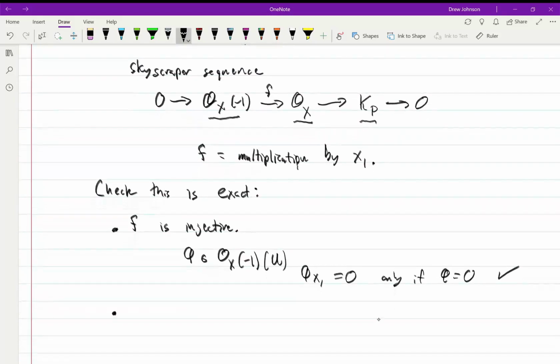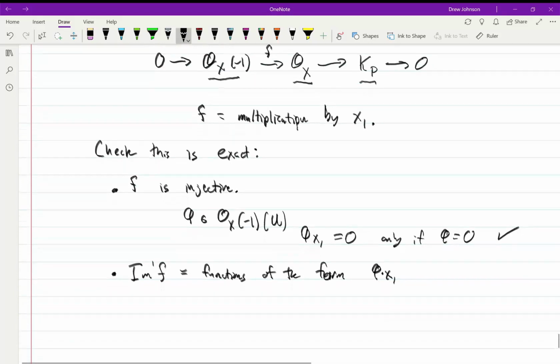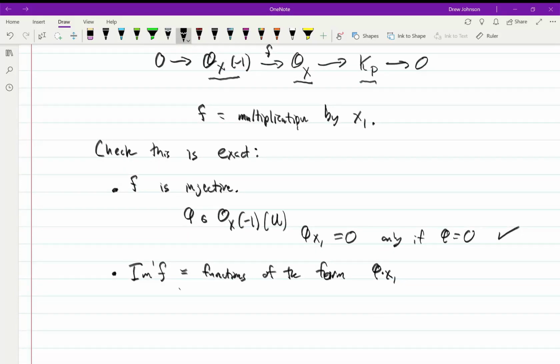Now let's look at the image of f, or rather let's look at first the image pre-sheaf. This will just be equal to functions of the form phi times x1, right? Where phi was a rational thing of degree minus 1, and then you multiply by x1. You can think about that for a minute.